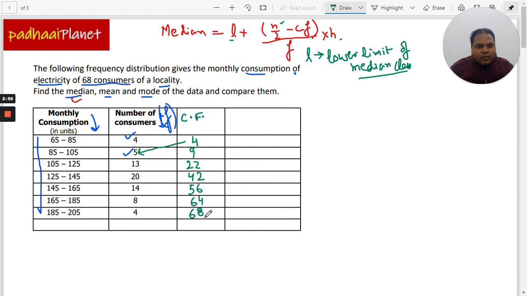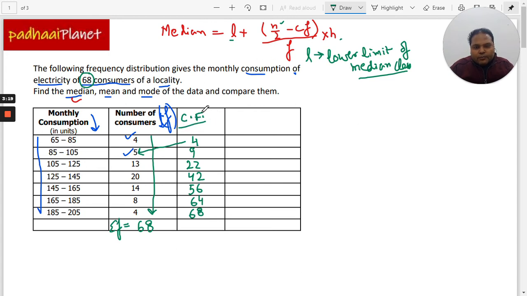The last cumulative frequency is always equal to the total number of consumers, or we can say the survey size, the sample size, and it is also equal to sigma F. If we add up all these numbers of consumers, we'll get 68, right? So this is the cumulative frequency.